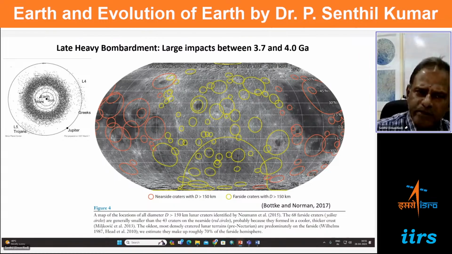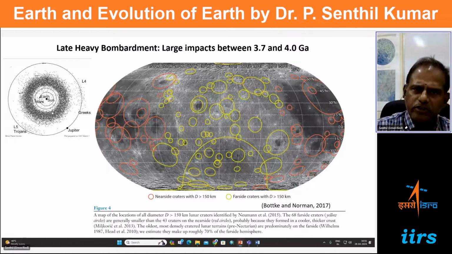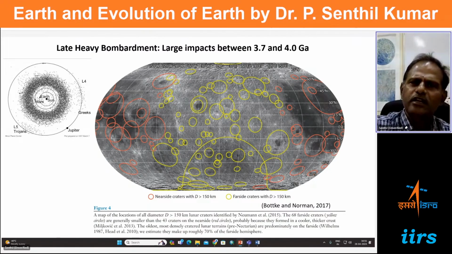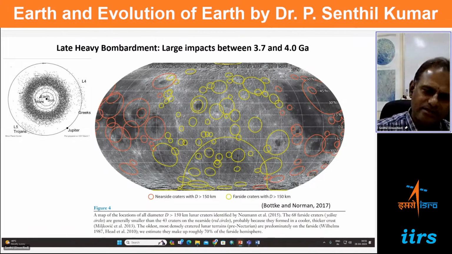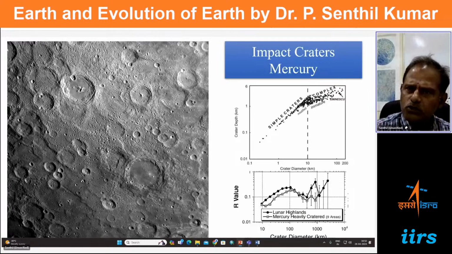When planetary migration takes place, the asteroids present in the main belt also become unstable. They start moving towards the inner solar system. They go and hit Mars, Moon, Earth, and Mercury. They hit all the planets around 4,000 million years ago. This also happened to Mercury.